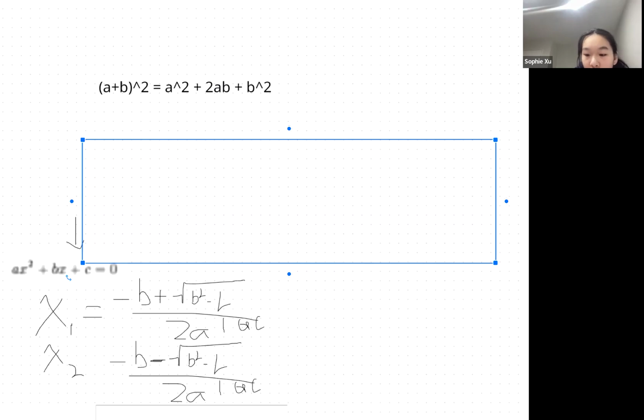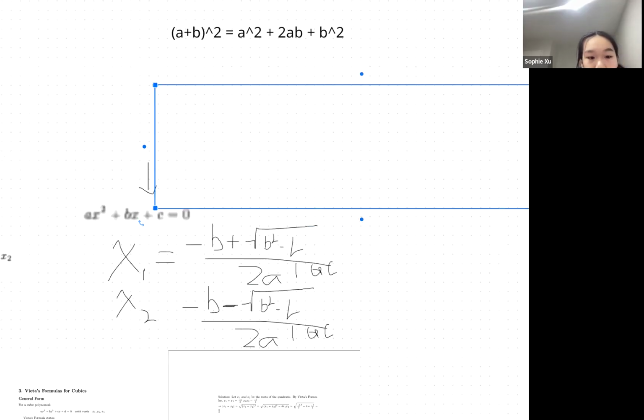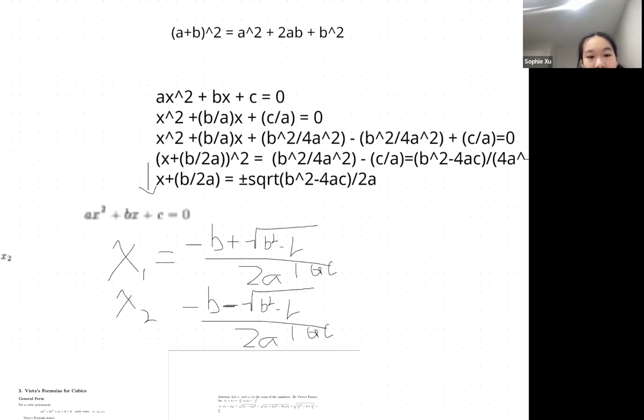So it's the square root of the top, plus minus square root of b squared minus 4ac, over 2a. And notice that this actually looks really similar to this, right? So we're nearly there.